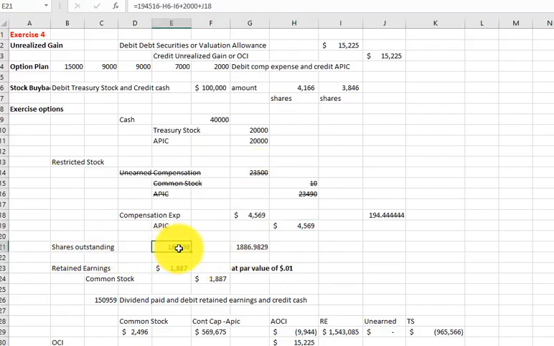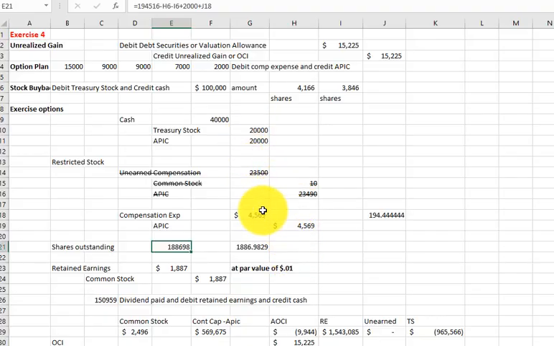At that point, we have to stop and figure out how many shares are outstanding. We started with 194,516. That was on our original problem. We have bought back these shares. Remember, we mentioned we were going to need the number of shares we bought back. We sold some shares. That makes our shares outstanding go up by 2,000.